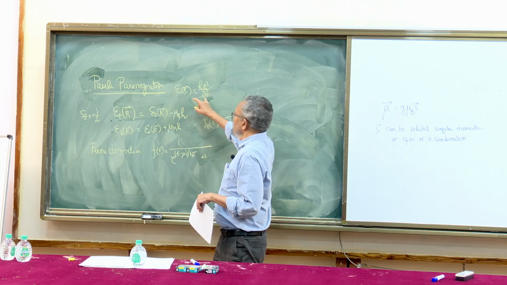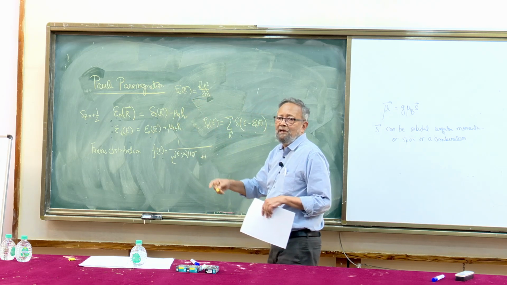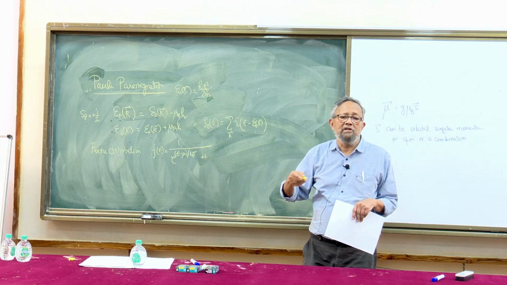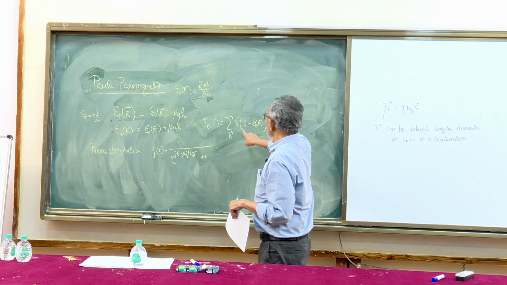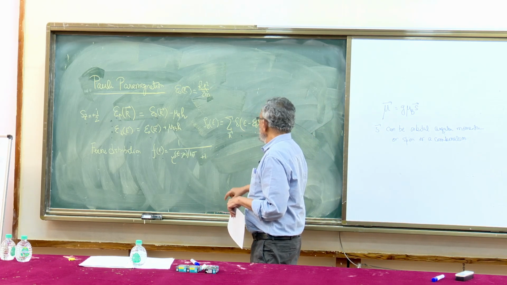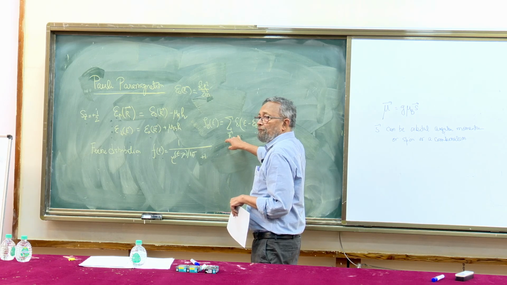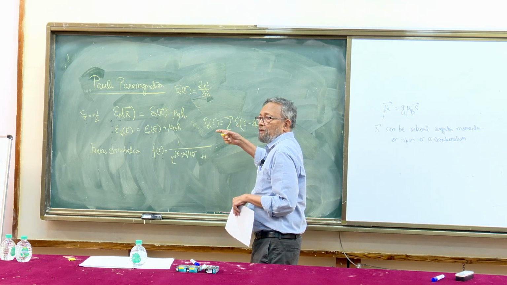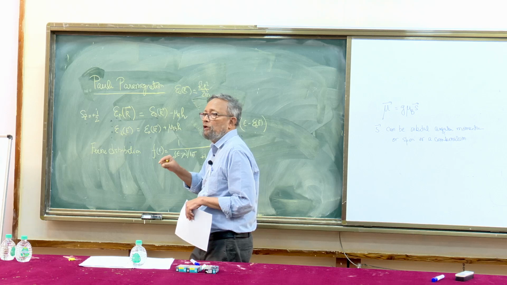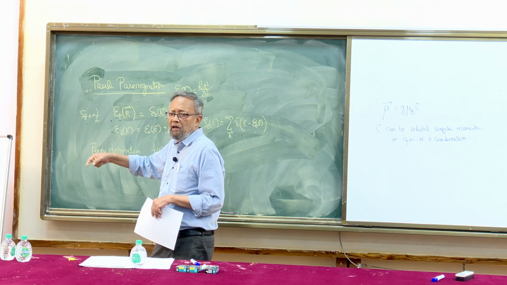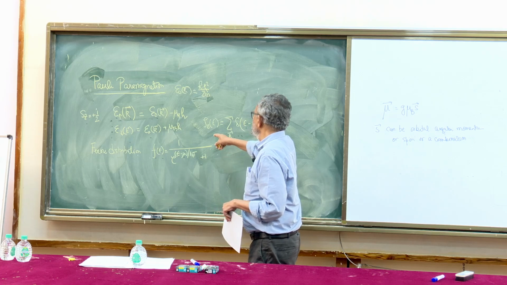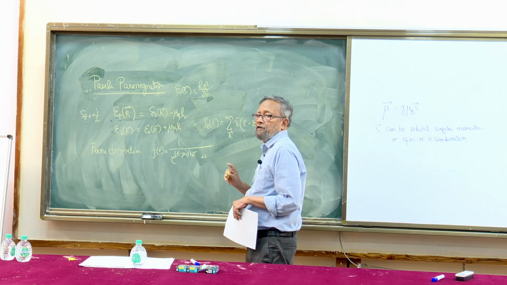It doesn't have to be exactly this, whatever it is. If you have a solid, then there are band structure effects and so on and so forth. But from that, you can calculate a density of states. Normally, when you do density of states, you also sum over sigma, the spin, and in each state you put 2 electrons. But here, we cannot treat up and down electrons on the same footing. So this is basically a density of states for only one kind of spin.